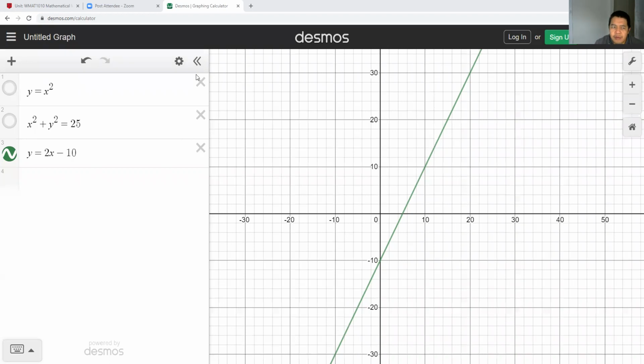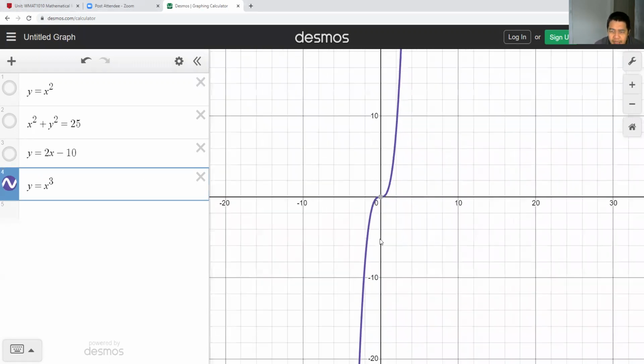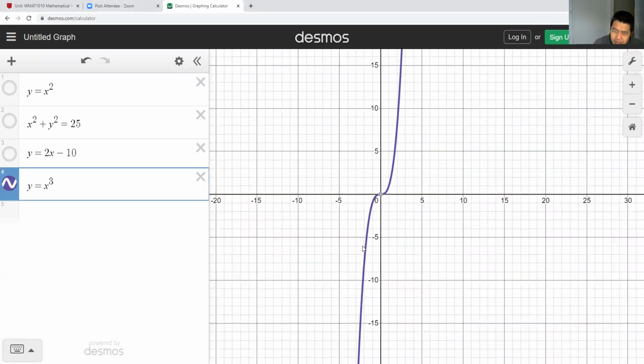Let me give you one more, for example, y equals x cubed. So now you see the purple graph here. Again, when you want to see whether this is a function or not, the best way is just to do a vertical line test and see whether the line will cut your graph at 1 point or not.